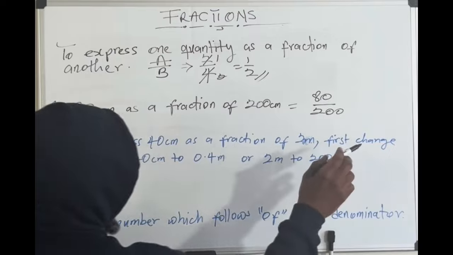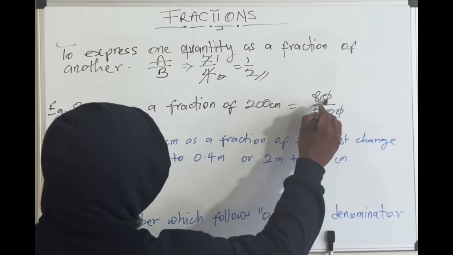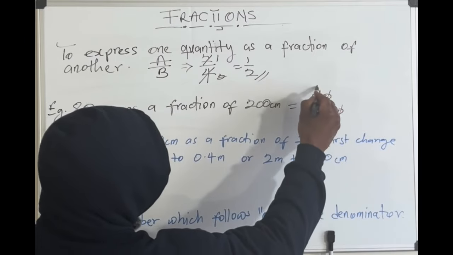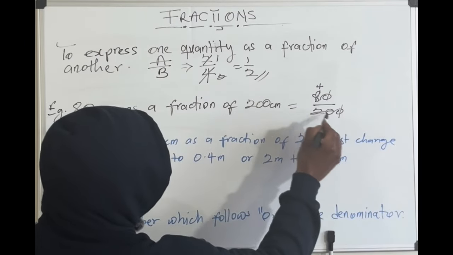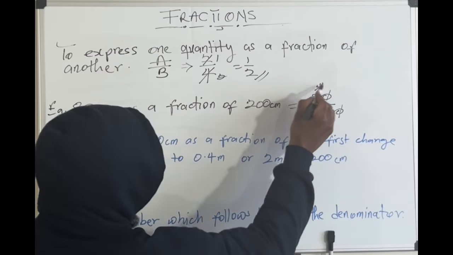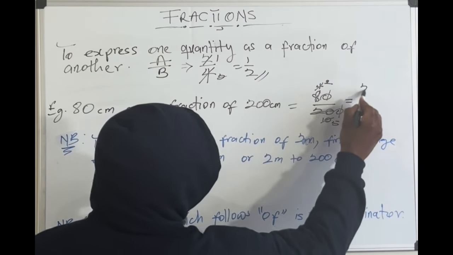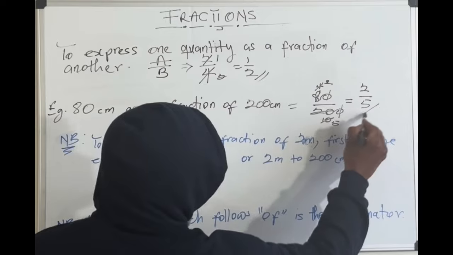Then we will reduce it. 0 cancel 0, 2 goes here, 4 goes here, 10, 2 goes here, 2 goes here, 5. So our final answer will be 2 over 5.